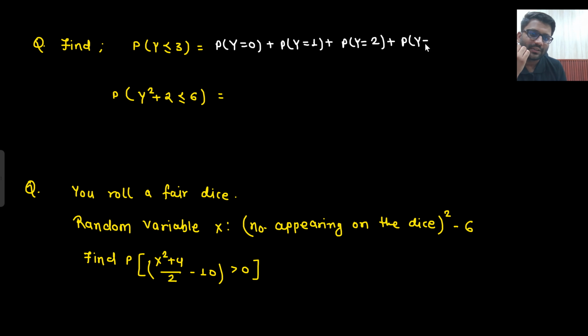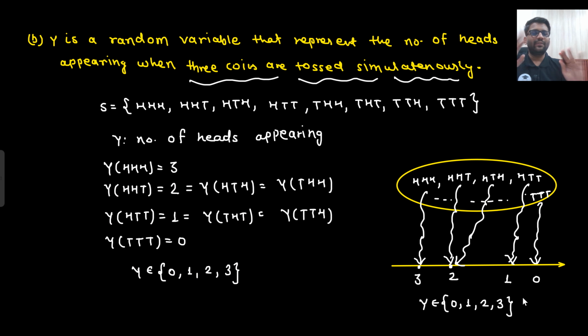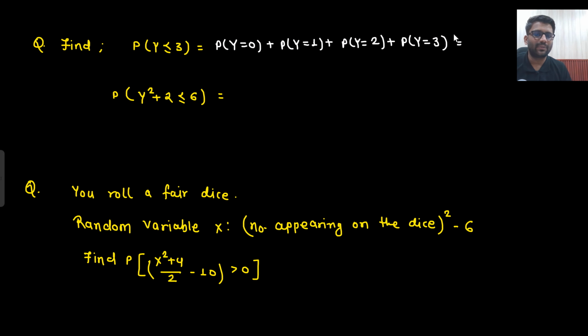What do you think the answer will be, without even calculating y equals to 0, y equals to 1, y equals to 2, and y equals to 3? You know that all possible values of y are coming. This random variable can take 0 or 1 or 2 or 3. So all possible values are coming, no? So this answer will be 1, and we can check as well.